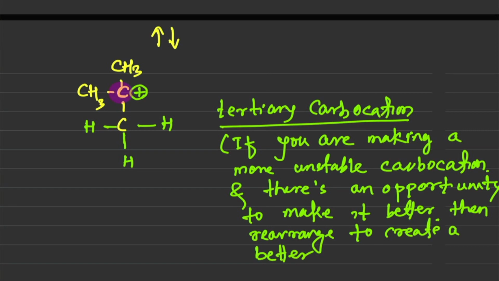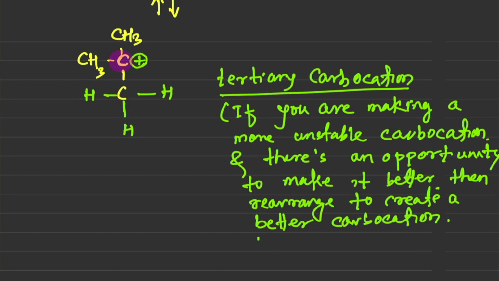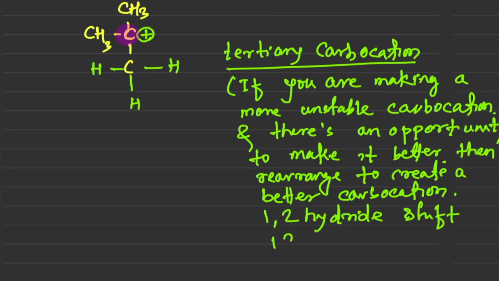I will show you a problem in a second. So like a 1,2 hydride shift or methyl shift, or 1,2 methyl or alkyl shift. The alkyl shift will happen in the ring structure if there are possibilities.